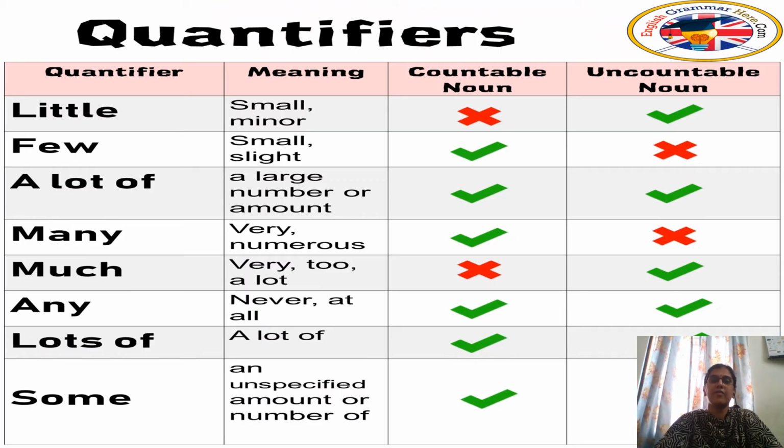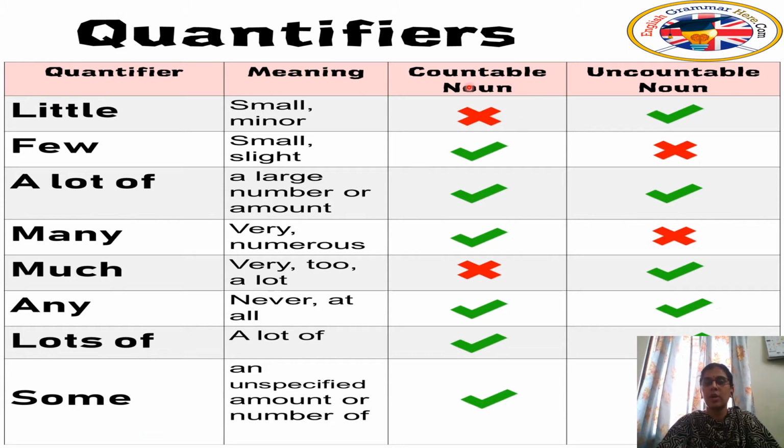Next here we have some quantifiers. So what is a quantifier? It is nothing but when you have a countable or an uncountable noun, before that we use these quantifiers like little, few, a lot of, many, much, any, lots of, some. So for which noun we use which quantifier?